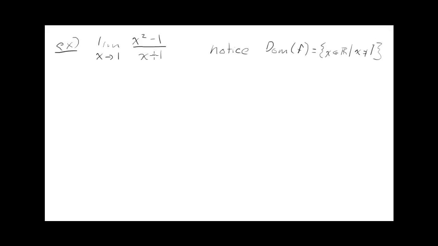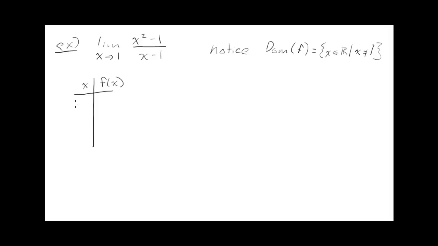So we're evaluating the limit at a number that's not in the domain. You couldn't just substitute the value into the function, because the function is not actually defined at that value. So our only real way to do this is to do a table.